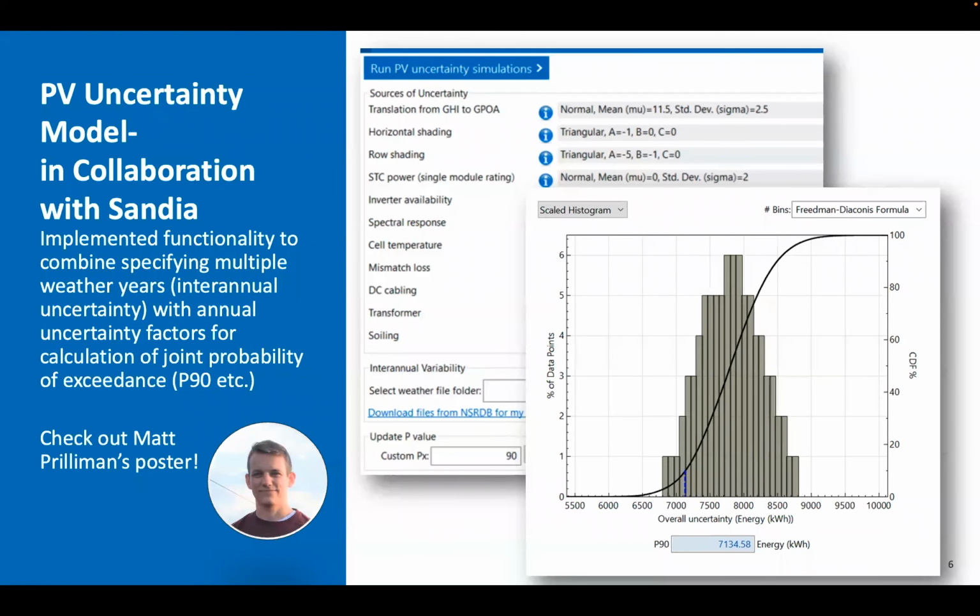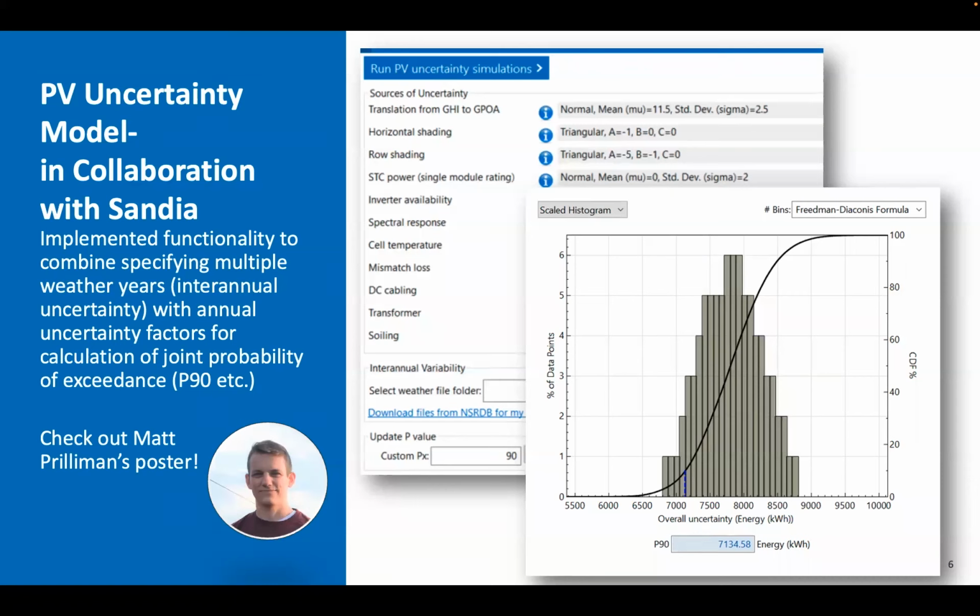PV uncertainty model. First I'll say, Matt has a poster over there, which I saw a lot of people looking at, and I'm happy to answer questions on this. This has been a great collaboration also with Sandia National Labs. The idea is to really look at combining interannual variability with uncertainty about various other inputs to the modeling, trying to get at this issue of what is the range of likely outcomes.